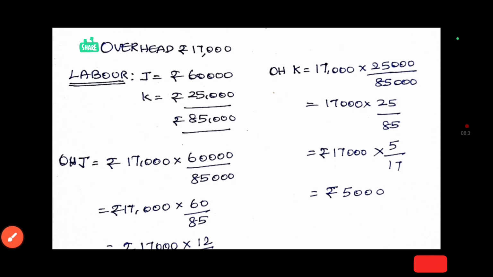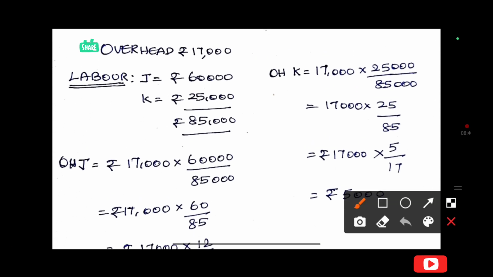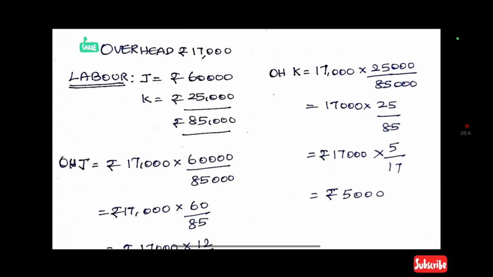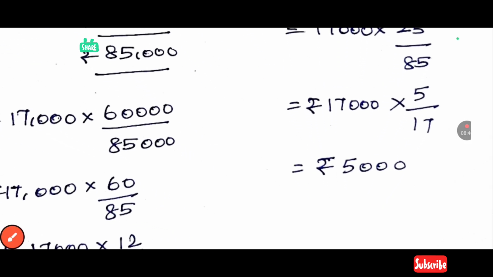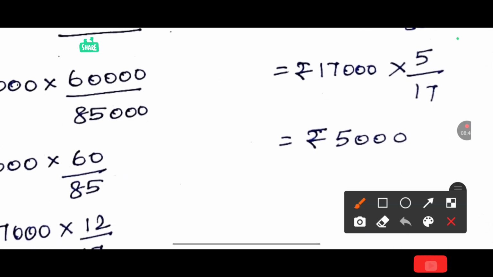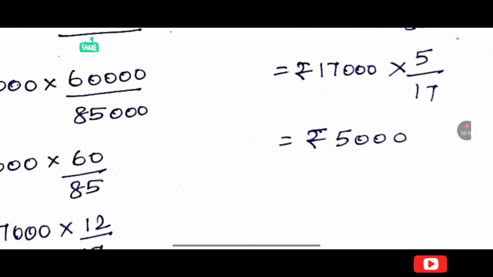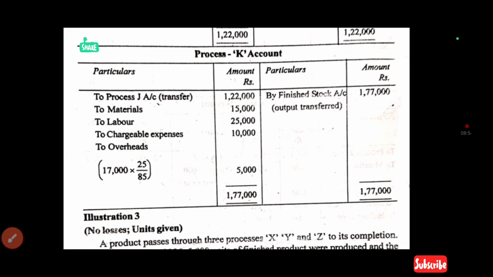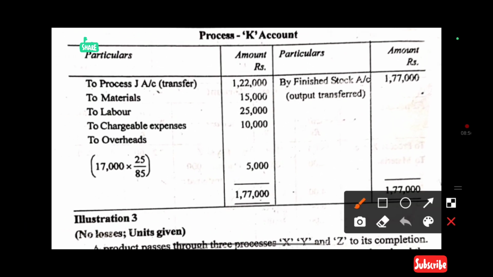Now you can calculate the overhead: 17,000 rupees into the ratio of 5 divided by 17. After calculating, you will get the overhead value as 5,000 rupees. So the apportioned overhead calculated with the labor is 5,000 rupees.